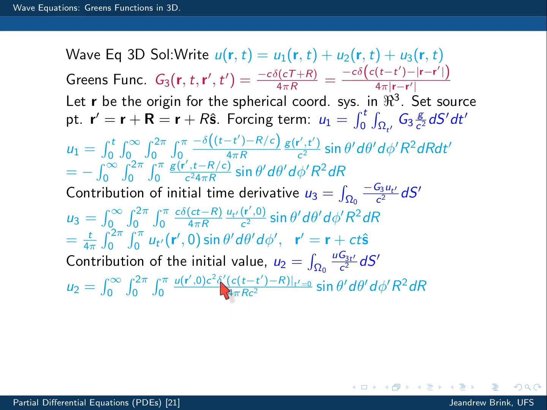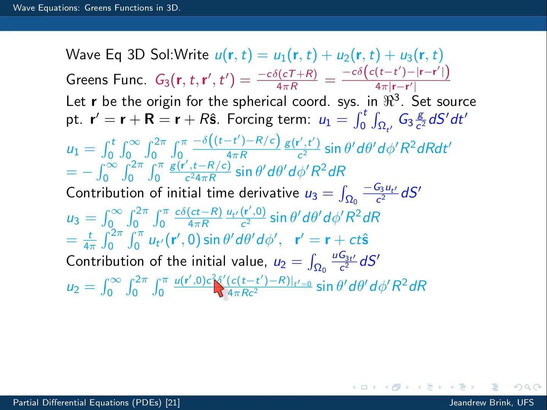Now look, if we take the derivative with respect to t prime, we have a factor of minus c coming out, but we don't want to do that because a delta function is nasty and the derivative is worse. So we switch it over. Firstly, here I've written down your delta function.